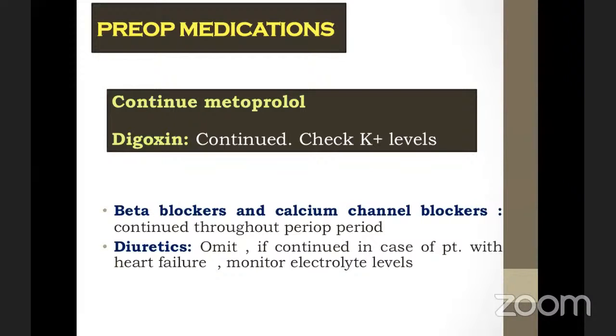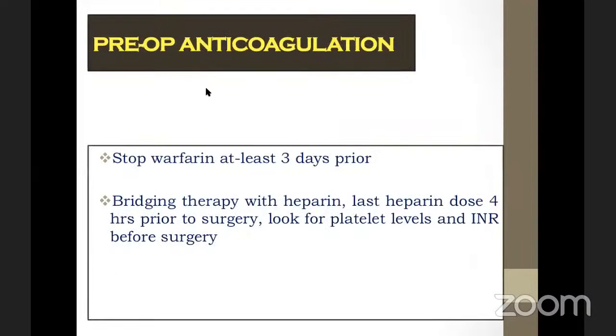Diuretic, not in this case, but if a patient is on a diuretic, you have to omit it on the morning of surgery, because it decreases the electrolyte level. And once you have induced the patient and catheterized, you can start the diuretic and check the potassium level and other electrolyte levels at the same time.